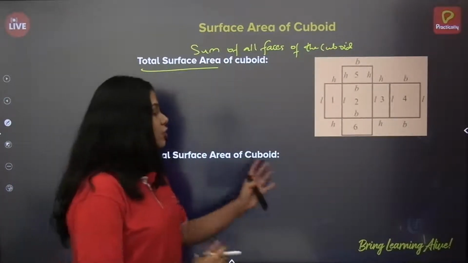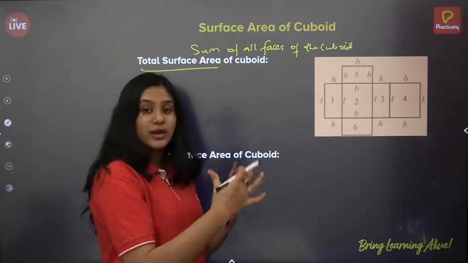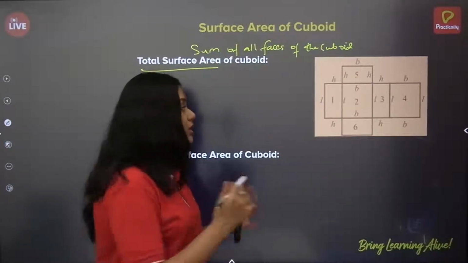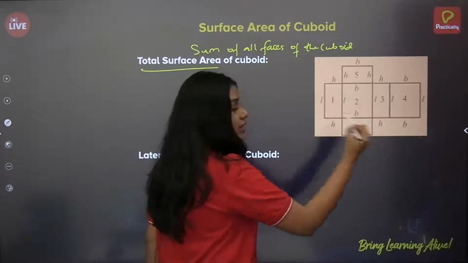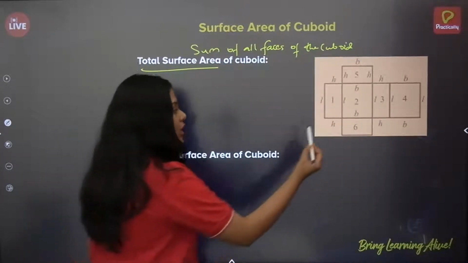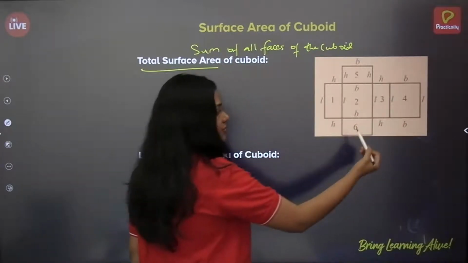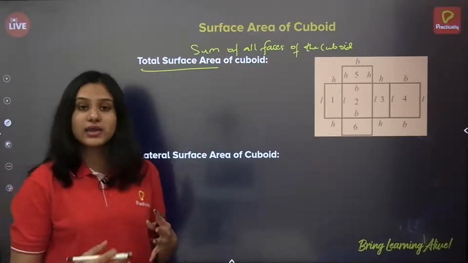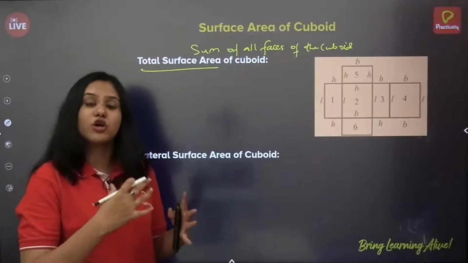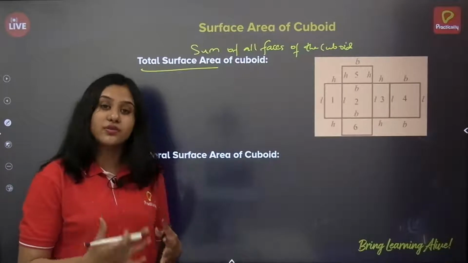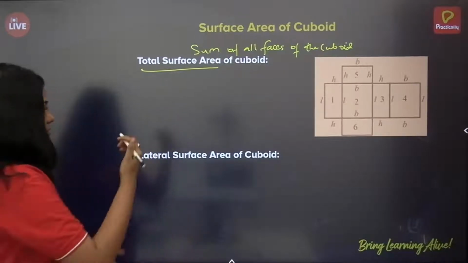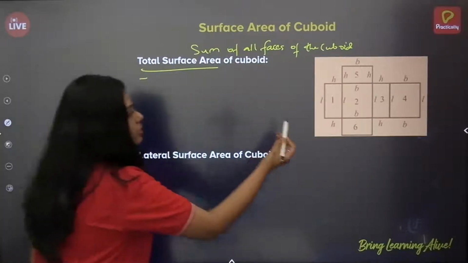When we open the cuboid, that is, when we see the net of the cuboid, we see 6 rectangular faces: 1, 2, 3, 4, 5 and 6. Now we will be adding the areas of all the faces so as to obtain the surface area of the cuboid. So let us start. Area of 1, correct?